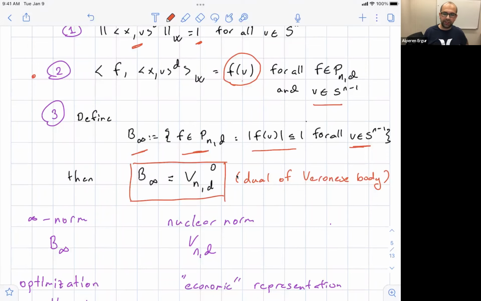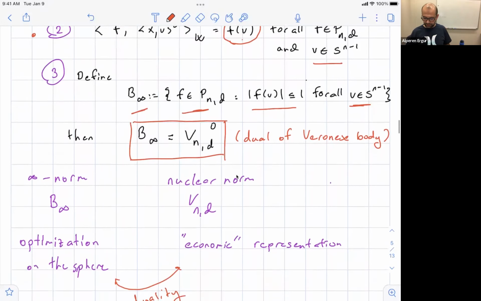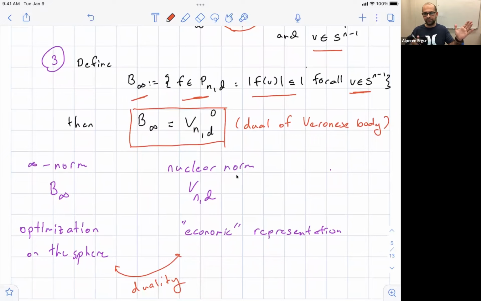So there is a duality between the infinity norm and the nuclear norm. Roughly speaking, the infinity norm represents optimization. I'm lying a tiny bit because I took absolute value, but not too bad. And the nuclear norm kind of represents economic representation, so to speak, and they are dual to each other. Saugata, did this answer your question so far?